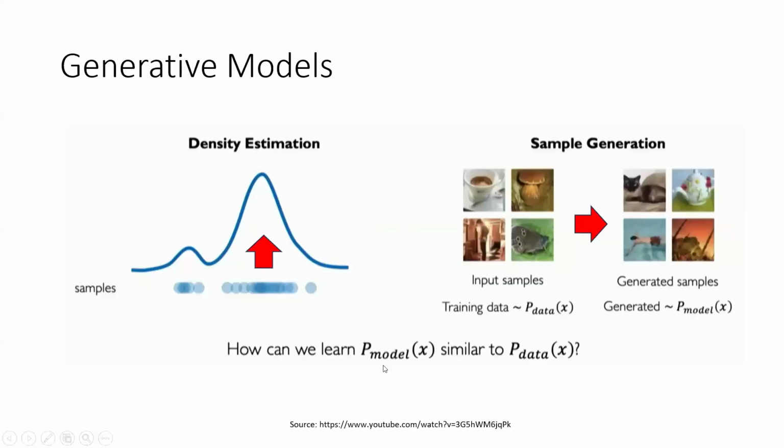So this is what it really means. When it comes to probability density function estimation, we have a set of data points, and we are going to predict the probability distribution function.